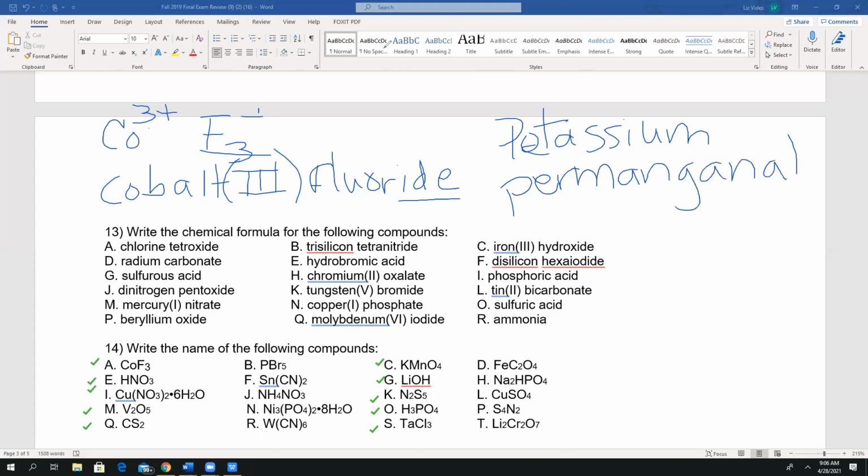Remember, all names are the names of the ions put together. So when you see potassium, and then MnO4 is permanganate. Simple enough to do. Just got to make sure that you do it right.